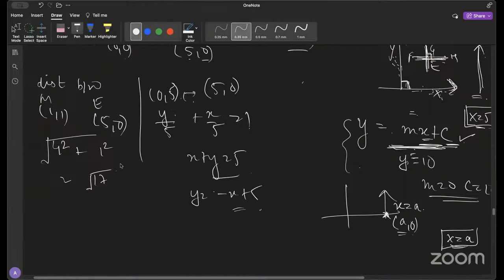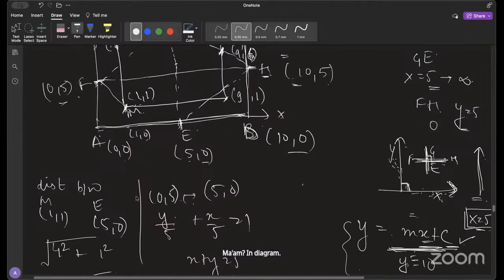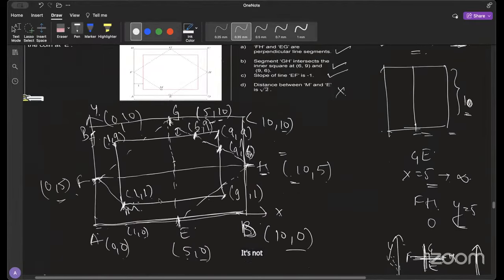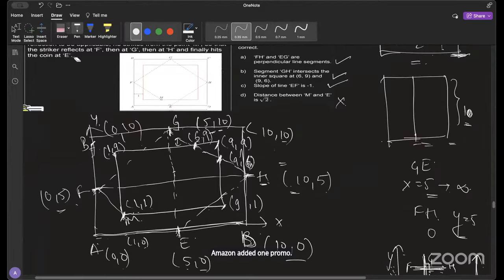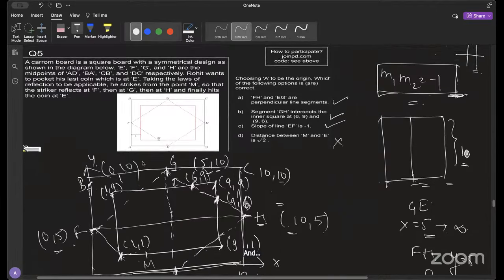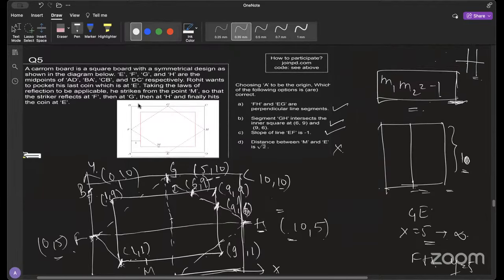Ma'am, in the diagram, M is not at 1 comma 1. Sorry, this is not M. This is some other point and M is here.